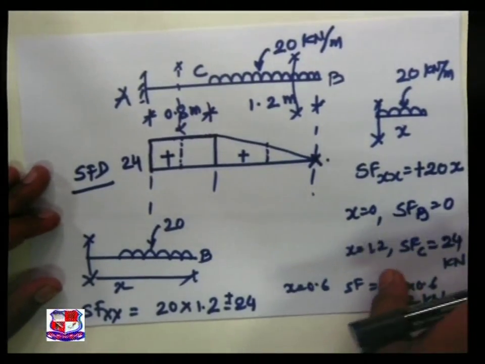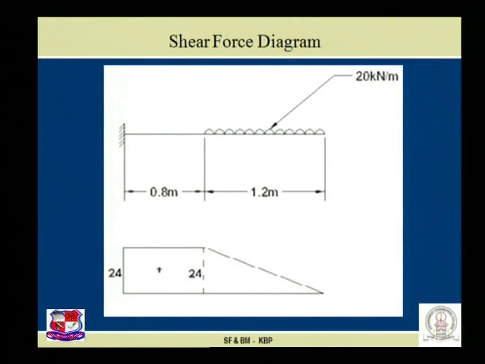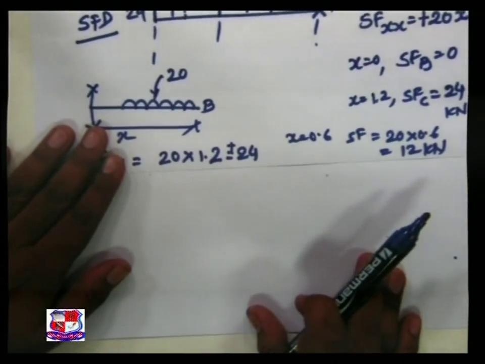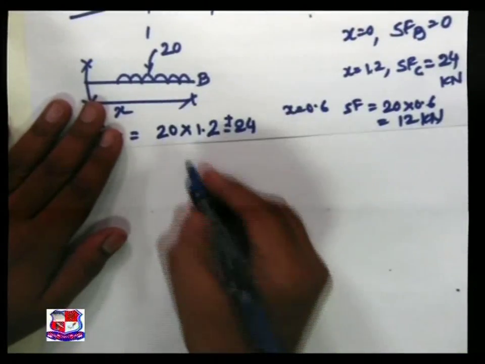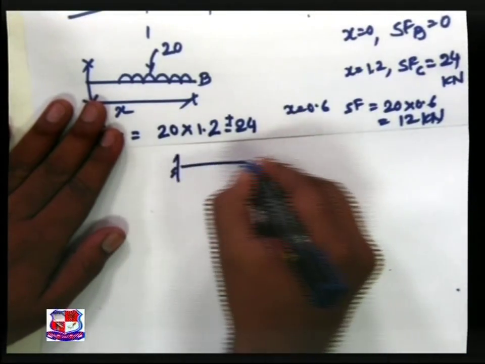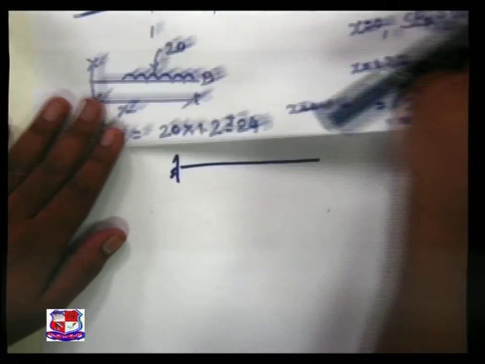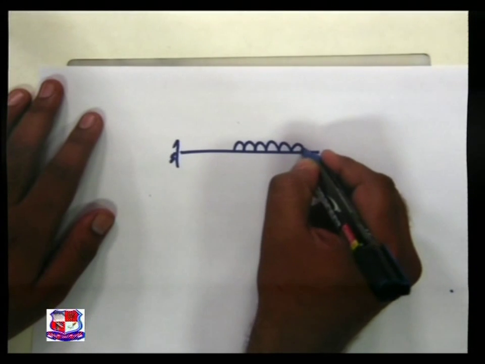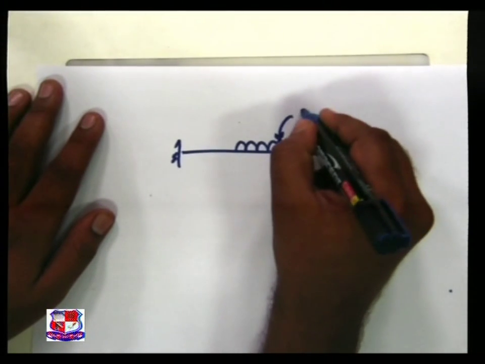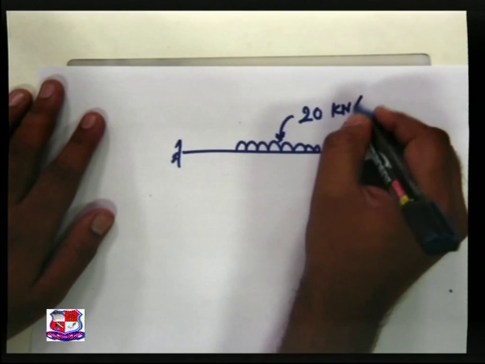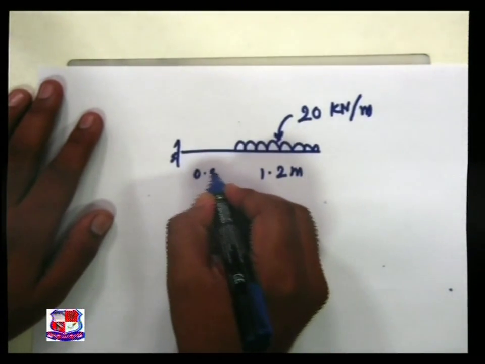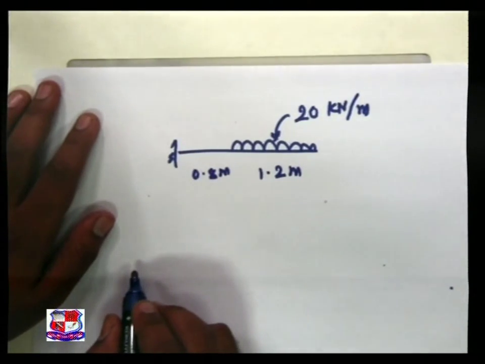Now let us go for plotting of the bending moment diagram. The given beam is a cantilever beam, with 20 kilonewton per meter over a length of 1.2 meter, and up to 0.8 meter no load is acting.